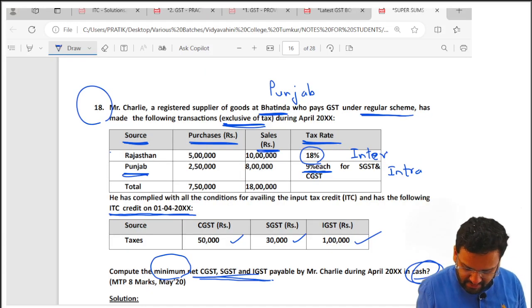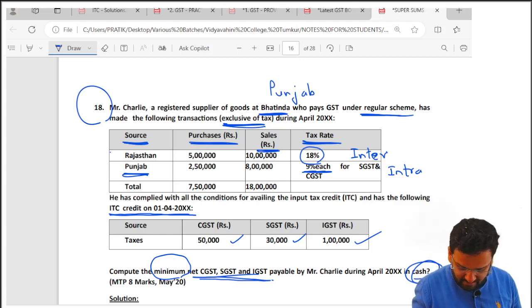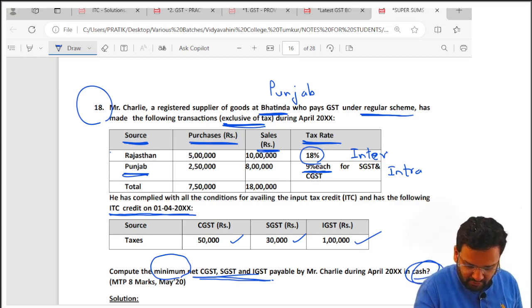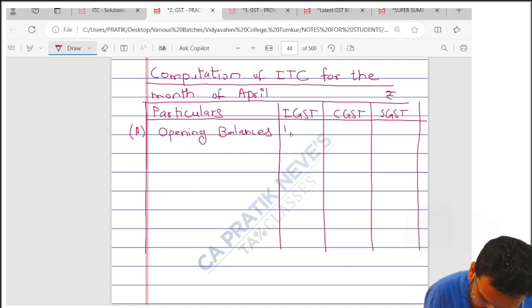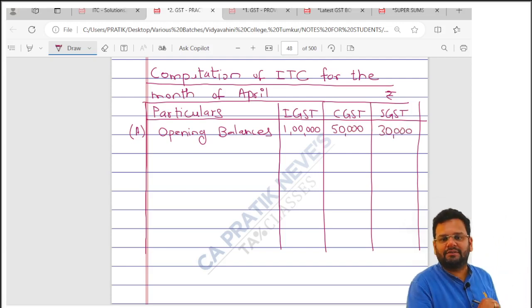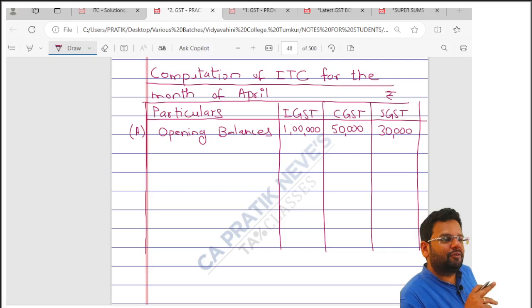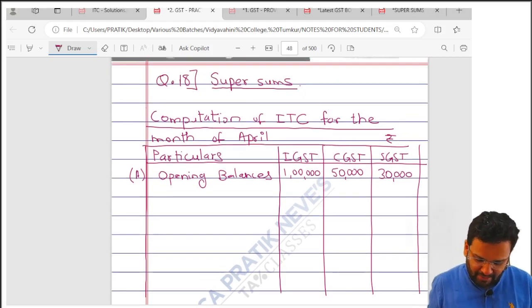Acha, IGST is 1 lakh, CGST 50,000, SGST 30,000. Is it correct? 1 lakh, 50,000 and 30,000 opening balances.